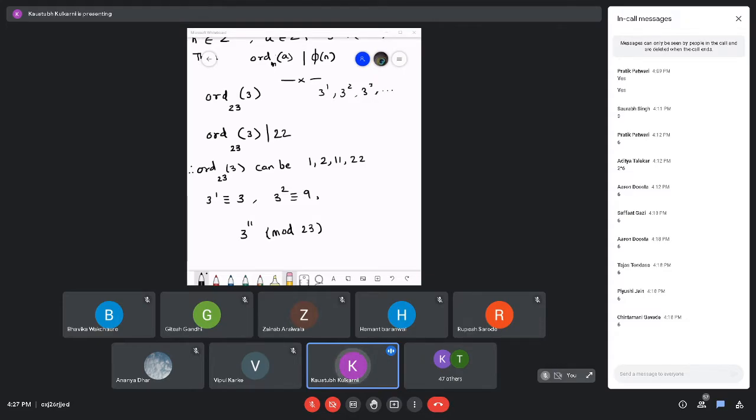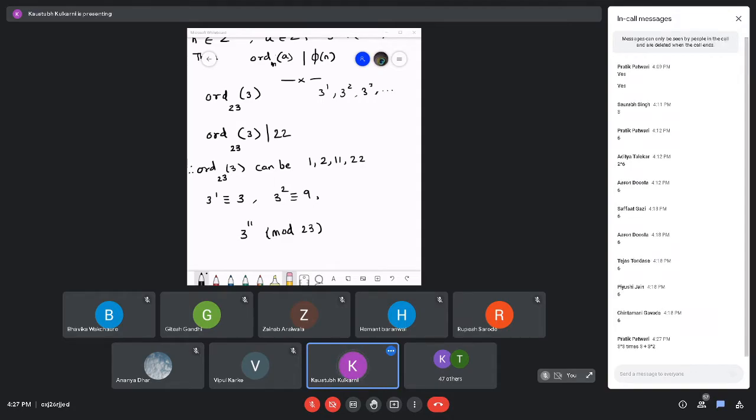How will you calculate 3 raised to 11 mod 23? No, it is much simpler.